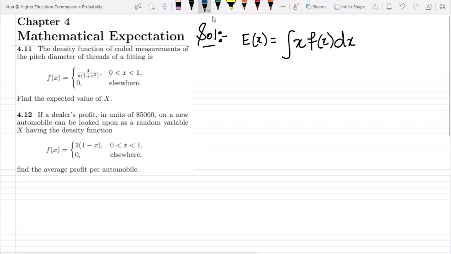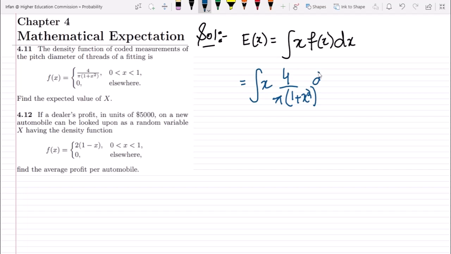Let me first put values here: x multiplied by f(x), which is 4 divided by pi times 1 plus x square, dx, and the range is from 0 to 1. So this is the equation we have. Now let me first remove the constant values from the inside and put them outside.